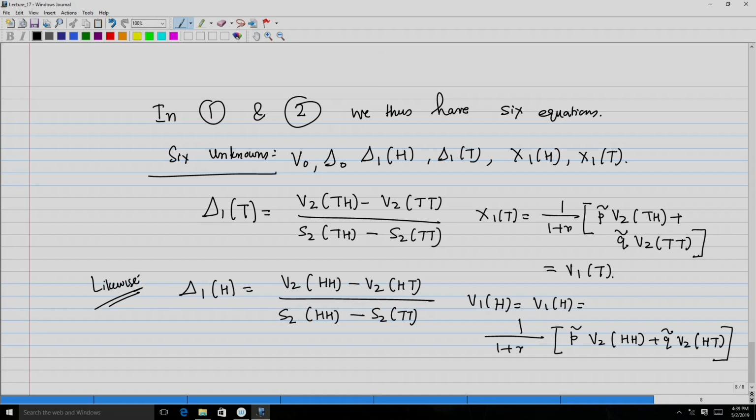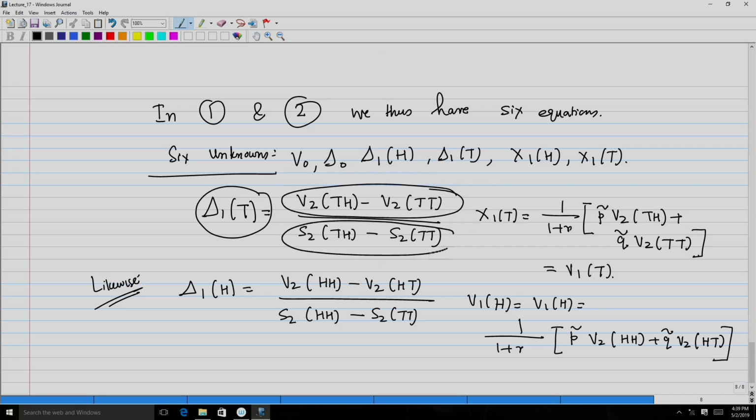So, observe very carefully how we actually got it. Here delta 1 of t is nothing but the change in the value of V2 divided by the change in the value of S2. This means that you started off with S naught, and then you go up to S1 of h or down to S1 of t.